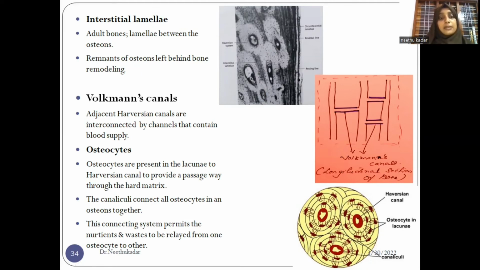This connecting system permits osteocytes to be interconnected to each other, and they are also connected to the nutrient supply canal. Thereby nutrients and waste are relayed from one osteocyte to another.